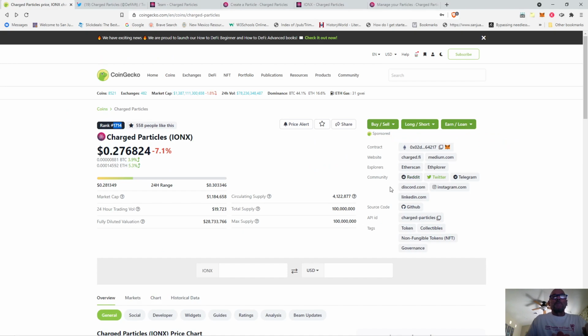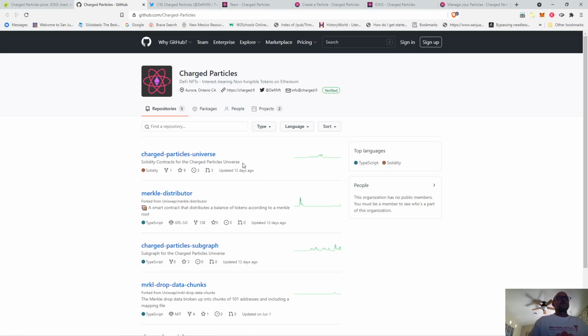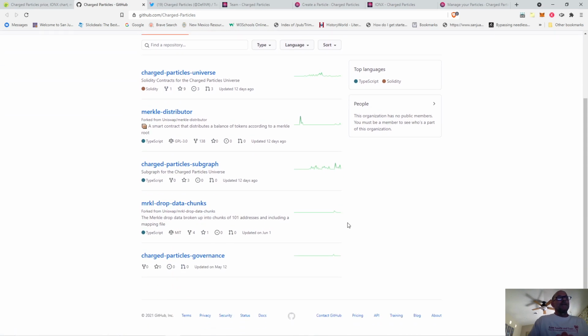So right here, source code, right? So I'm not a developer, so I probably don't understand most of this, but it looks like it has some projects. Past year of activity looks sort of peaked, I don't know, but consistent. Looks like it was updated 12 days ago, so I don't know.